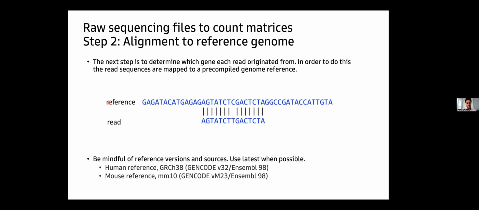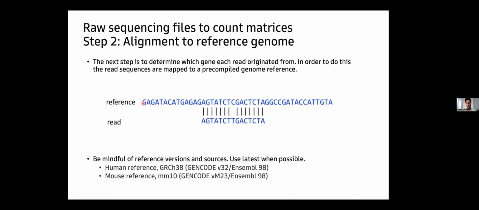People have compiled reference genomes for different organisms. For instance, we have a human reference genome called GRCh38 that contains the sequence of all human chromosomes, like a reference human chromosome.